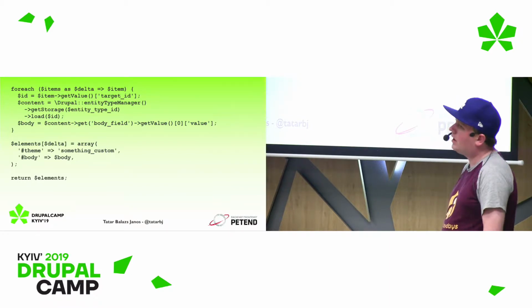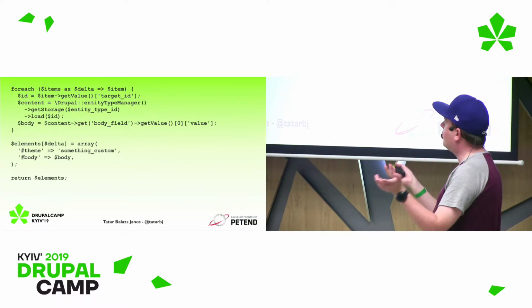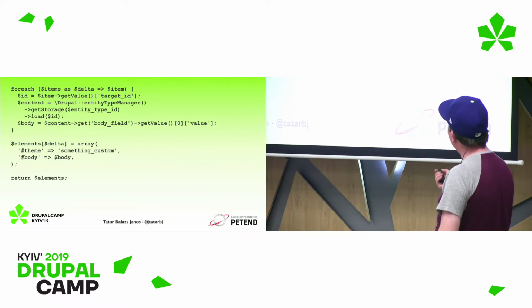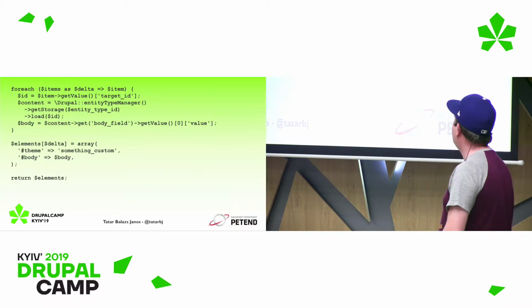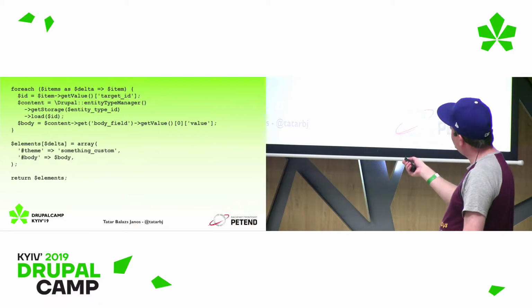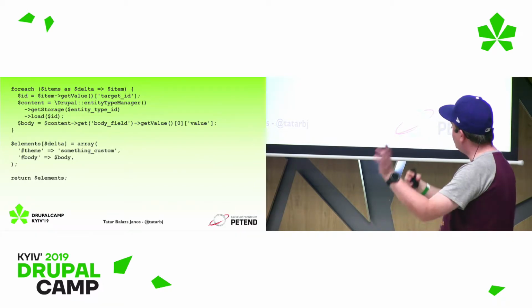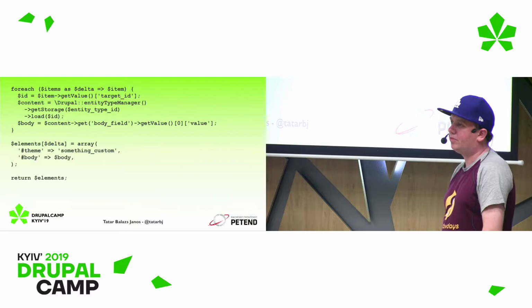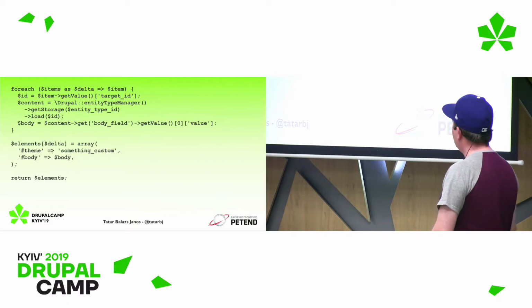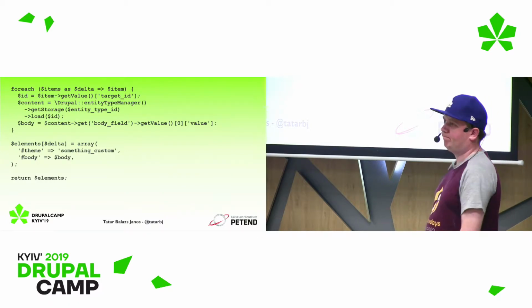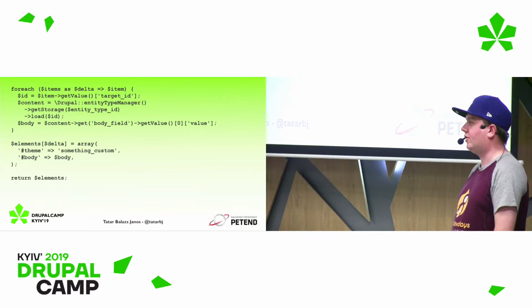Forgive me, it's a body field, so it can be rich text, and we are just calling the get value method on that. Then we go a little deeper using a custom theme and throw the whole body out to the output a little later. Is it good or not?